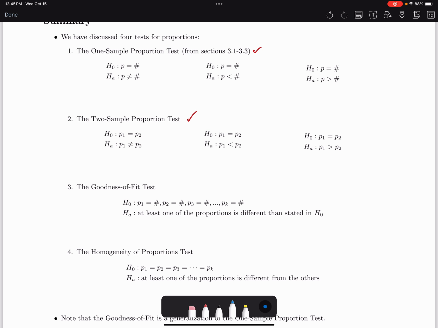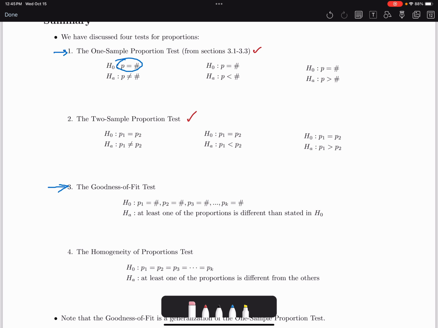Another thing that I'll point out to you is that the goodness of fit test is really just an extension of the one sample proportion test, right? Because it says P1 equals some value, just like the one sample proportion test says P equals some value, right? The difference is that for the goodness of fit test, you have multiple proportions that you're testing simultaneously, right?